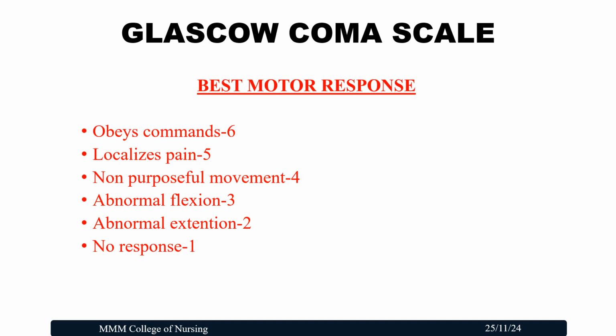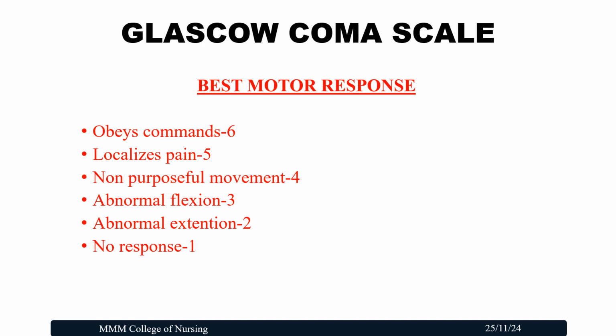And coming to the best motor response, obeys commands gets 6. For example, if you ask the patient to raise the hand, or raise the legs, or lift some part of the body, and the patient obeys, give the score 6. Localized pain, if the patient localizes the pain, give the score 5.